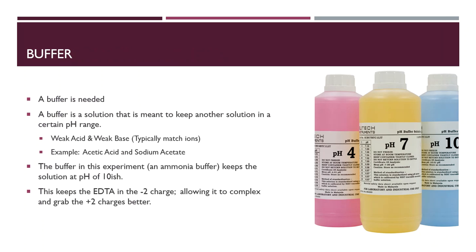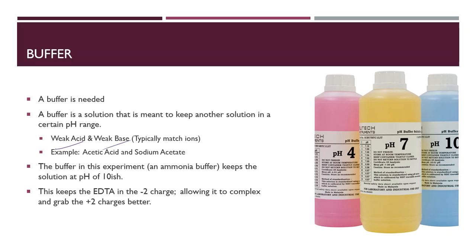Buffers. Tons of different buffers. You've used buffers before. Buffers were used to calibrate pH probes in the past. So buffers are typically added to some reactions at times just to make sure that we stay at the pH level that we need to be in. These buffers are basically a mix of what we call a weak acid and a weak base.